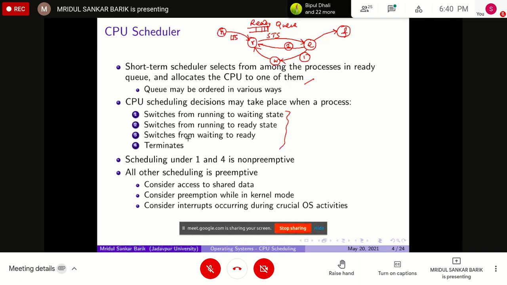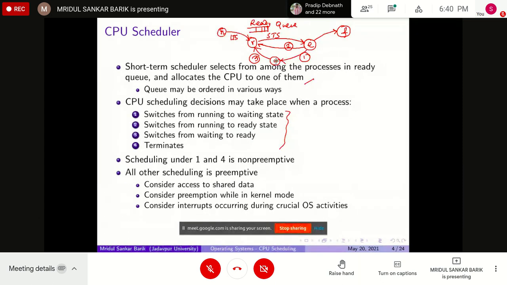Then case 3, when a process switches from waiting to ready state. A process was waiting, now it becomes ready. It may so happen that at that point of time no other process was in the system. It was the only process currently ready, so a short-term scheduling decision has to be taken.